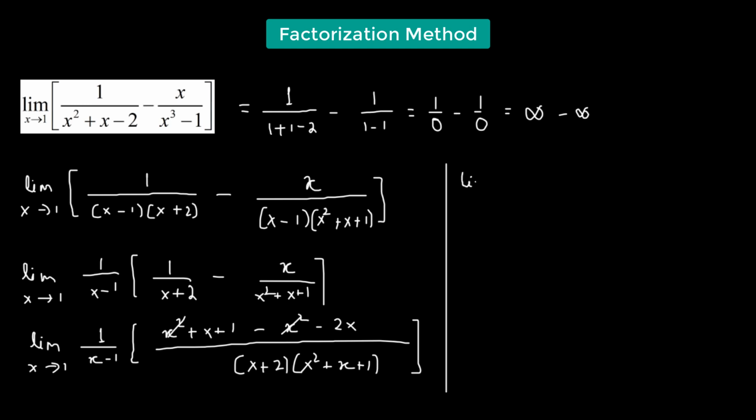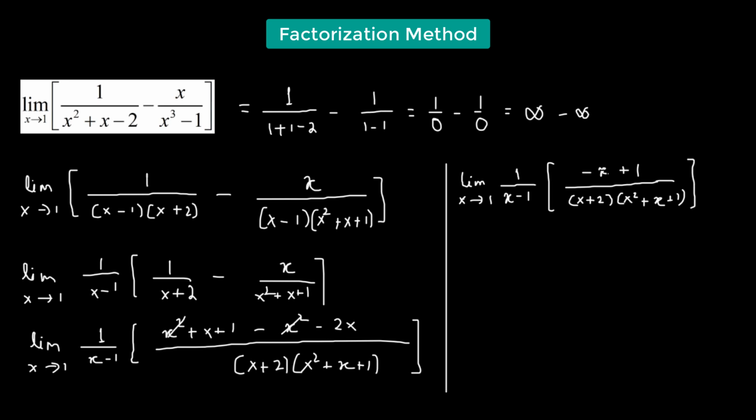Limit x going to 1 over x minus 1, we have negative x plus 1 divided by x plus 2 times x squared plus x plus 1.